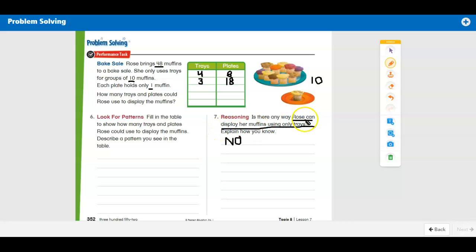You could say Rose cannot, or you could say yes, Rose can. Ooh, that's a messy Y. You could say yes, Rose can display her muffins only using trays. So for number 7, that is all you have to do.